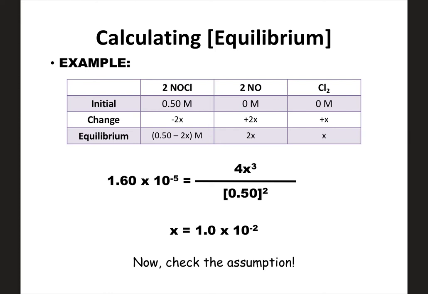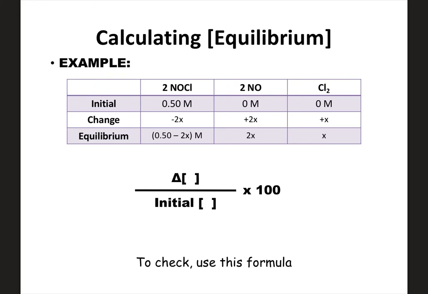But it's not something I hold you accountable for, but I want you to see how to do it just in case you need to do it in college. But again, we were allowed to do this approximation because our K value was so small. All right, so anytime you have a 10 to the minus fifth or lower in a problem, you can do this x approximation and make your math much easier.